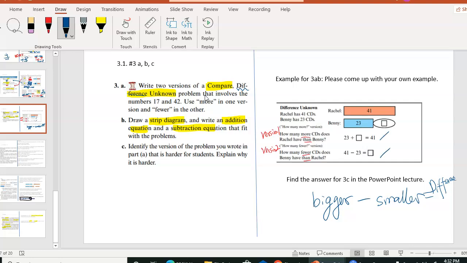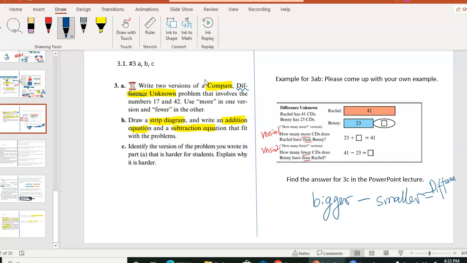Now identify which version of the problems you wrote in part A is harder. Okay, so it depends on the question which one is harder. For example, with this word problem, I wrote the two versions, and in my case, version 1 is harder.